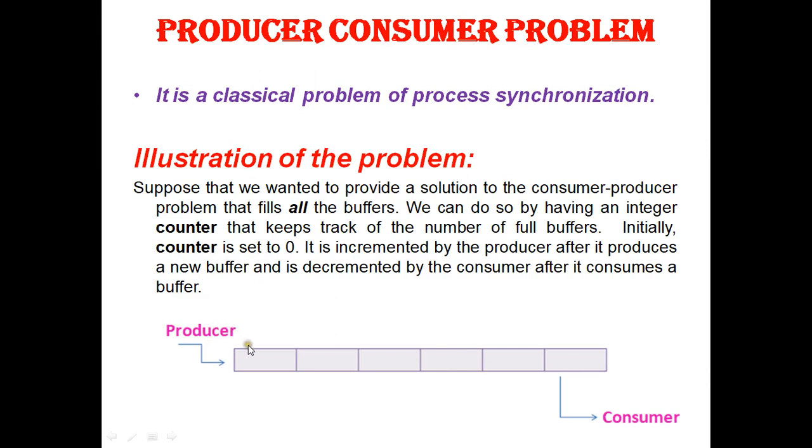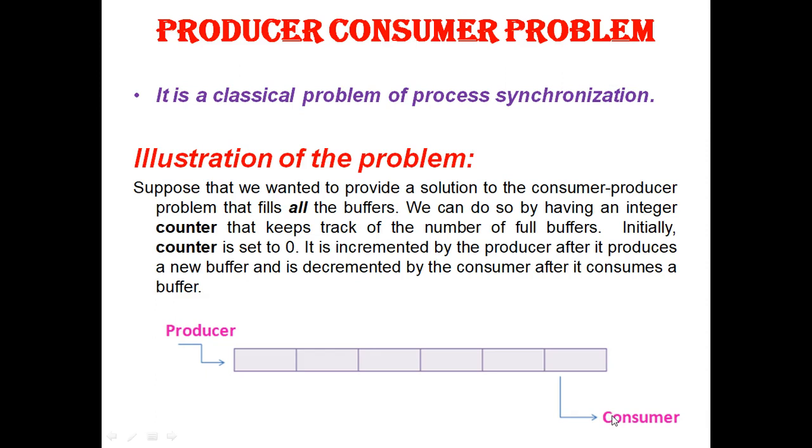Whenever the producer inserts an item, the counter value becomes 1; that is, counter plus plus happens. Incrementing the counter happens in the producer part, and whenever an item is added into the list or buffer, the consumer can consume the item and the counter value is decremented at the consumer side.